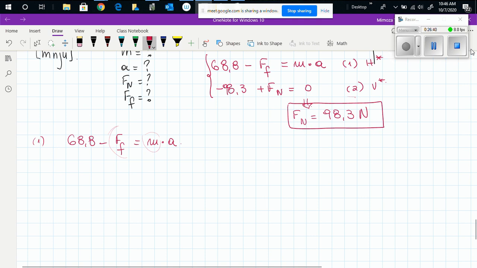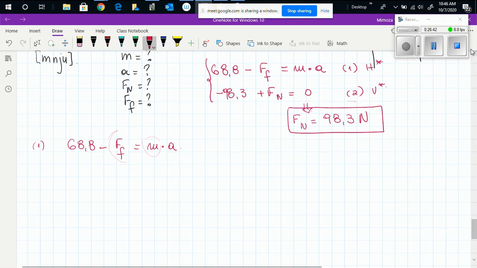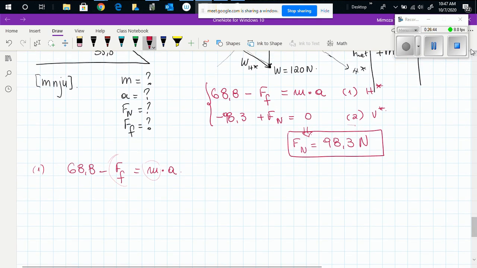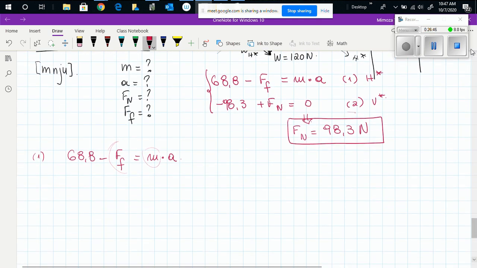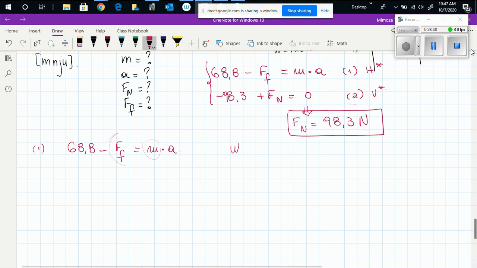So what we have here is that the weight is 120 newtons. Since weight is 120 newtons, we can find mass from here. So mass will be 120 over 9.81, and in your calculator, 120 divided by 9.81 is 12.2 kilograms.